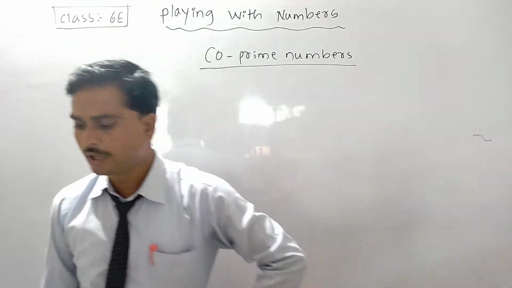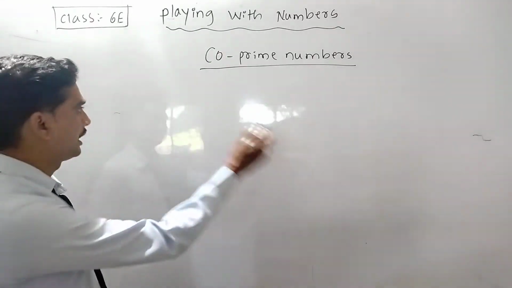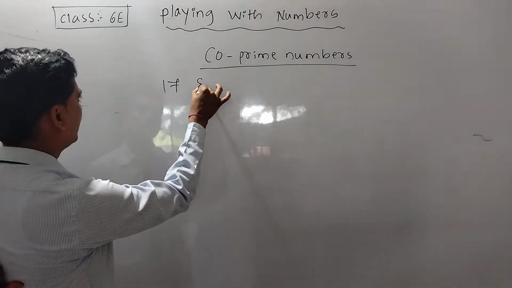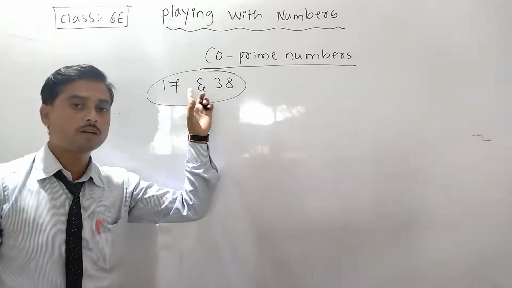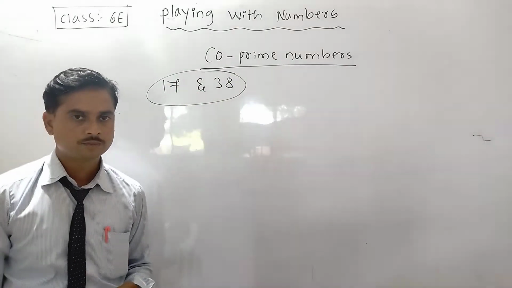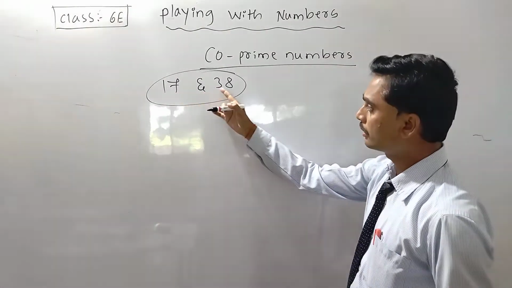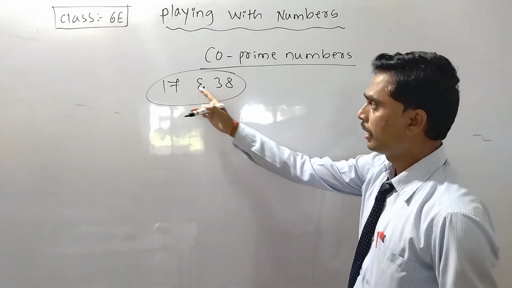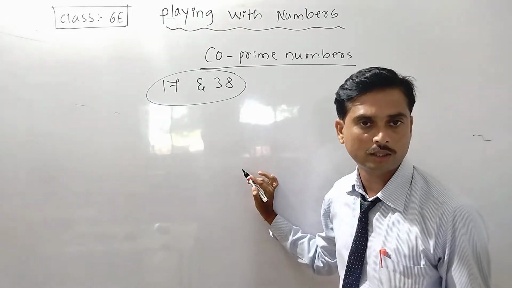Now 17 and 38, are these numbers co-prime or not? You have to check. 17 and 38 have how many common factors?